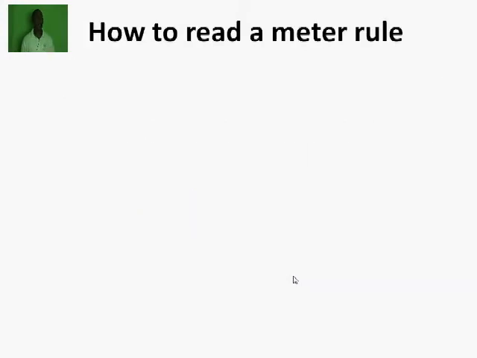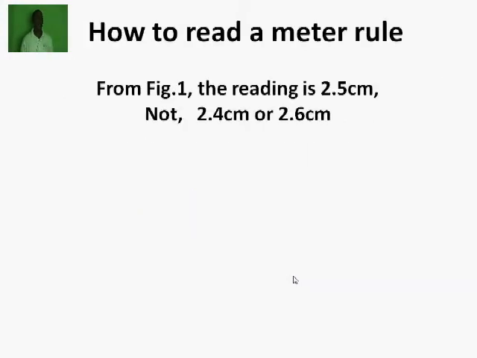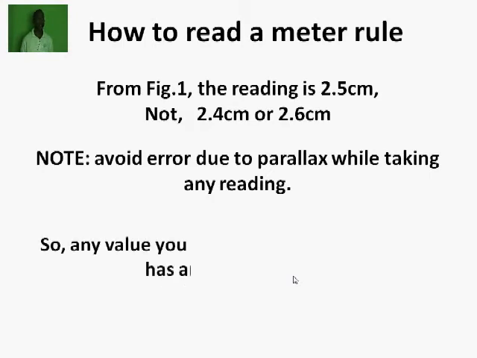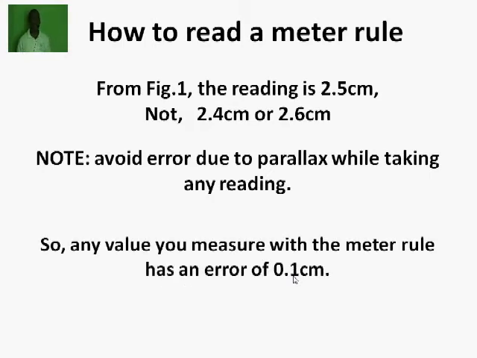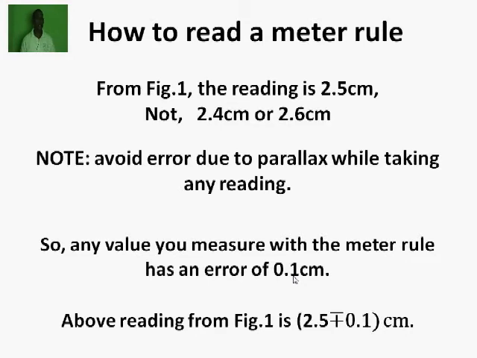So the reading of the meter rule from this figure 1 is 2.5 cm, not 2.4 or 2.6 cm. So in every reading, try to avoid error due to parallax. Any measurement you make with a meter rule has an error of 0.1 cm. So from figure 1, you have a value of 2.5 plus or minus 0.1 cm.